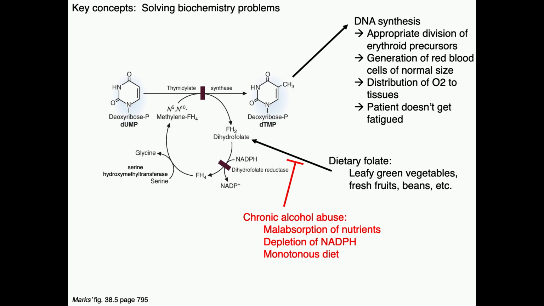And then if you extend this further into more sustained and severe alcoholism, there tends to be a monotonous diet. You're getting most of your calories from alcohol and you're not eating much of anything else. So all those things compound to exacerbate that nutrient deficiency.